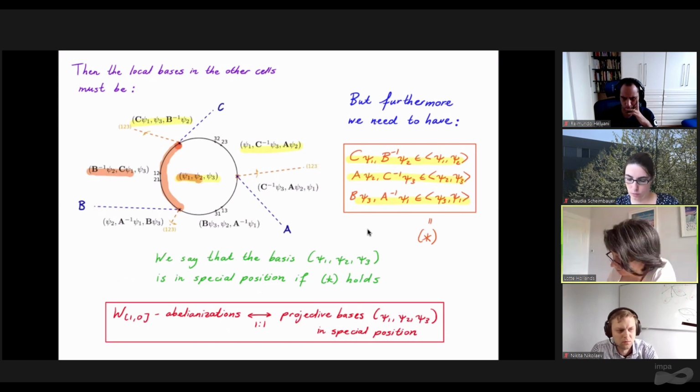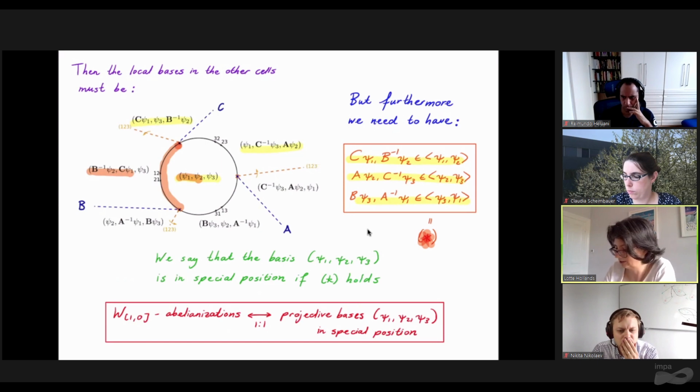So that's how we arrive at this set of constraints given by star. So now we say that this original basis that we chose is in a special position if star holds.